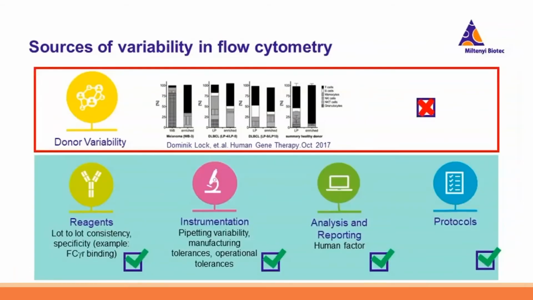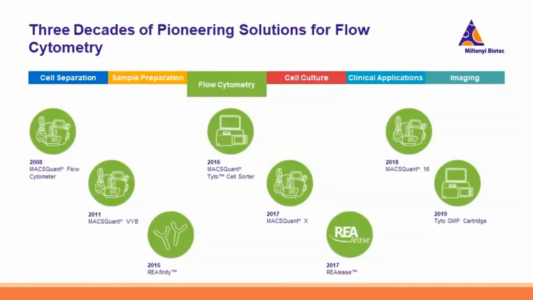Here at Miltenyi Biotec, our team also realized these possible variability sources and put a lot of great effort into identifying and solving the reproducibility issues that come from them. I will introduce you to a few of these tools that we have developed.